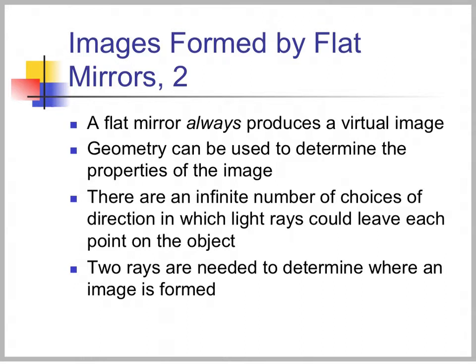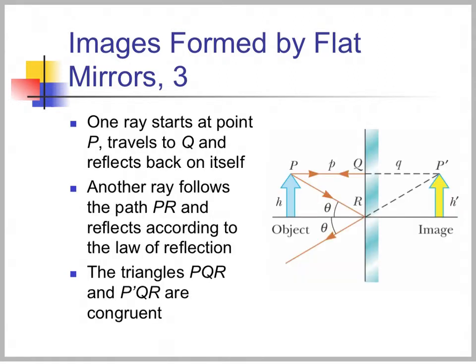We can use geometry to determine the properties of the image. There are an infinite number of choices of direction in which the light rays could leave the point on the object, but we need at least two rays to determine where an image is formed. One ray is going to start at point P, travel to Q, which is the mirror, and reflect back on itself. So this ray comes straight to the mirror and straight back.